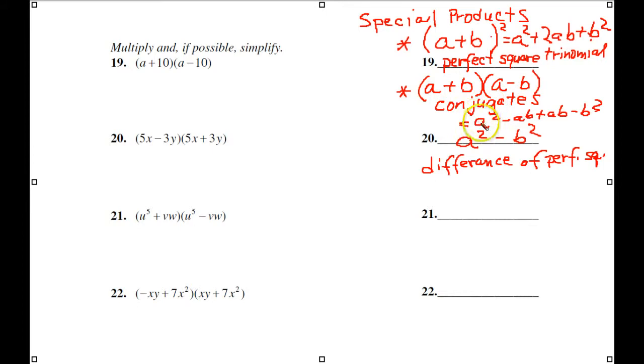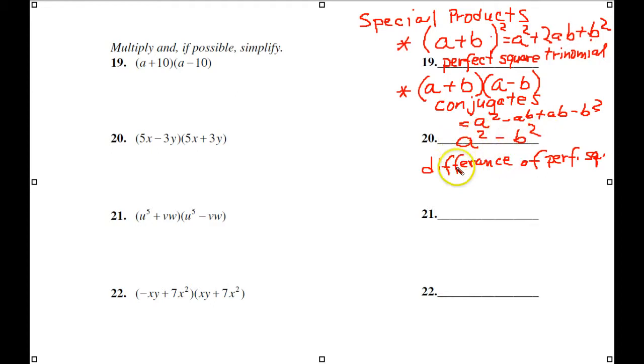The first, you get a squared. The outers, a negative ab. The inners, a positive ab. The last, a negative b squared. Notice your two middle terms cancel out, and you're left with just a squared minus b squared.